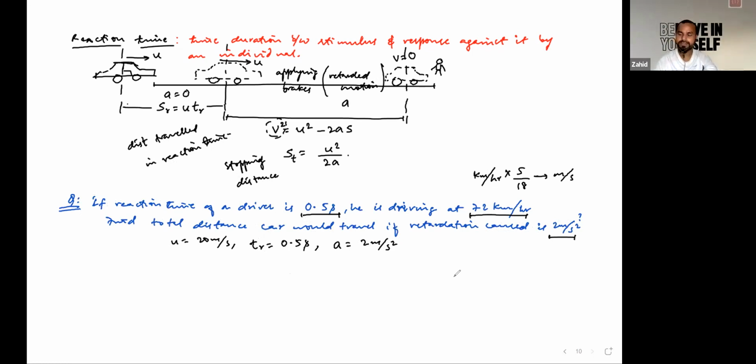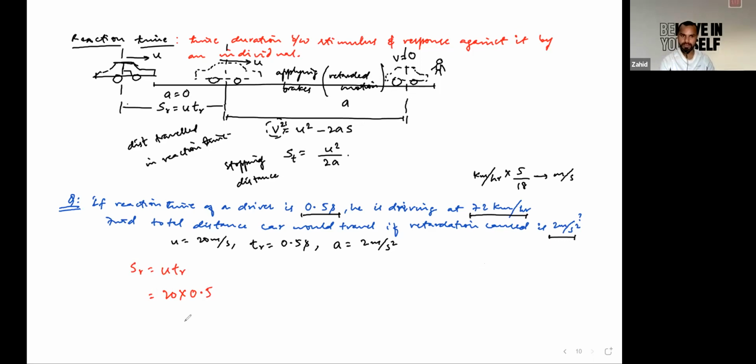Should I solve? S_R equals U times T_R. U is the velocity, which is 20 meter per second here. T_R is the reaction time, 0.5.